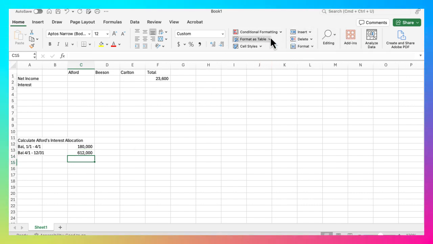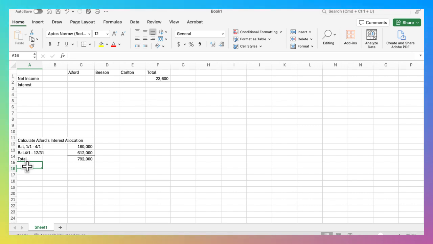So if I add these two up, let's do it the long way. The total of his capital balance is $792,000. But we want to figure out what it is per month, the average per month.